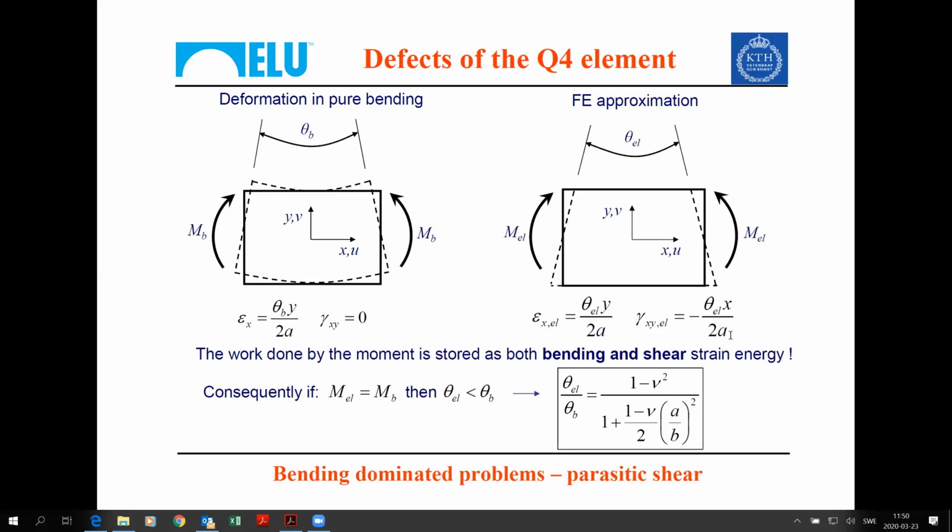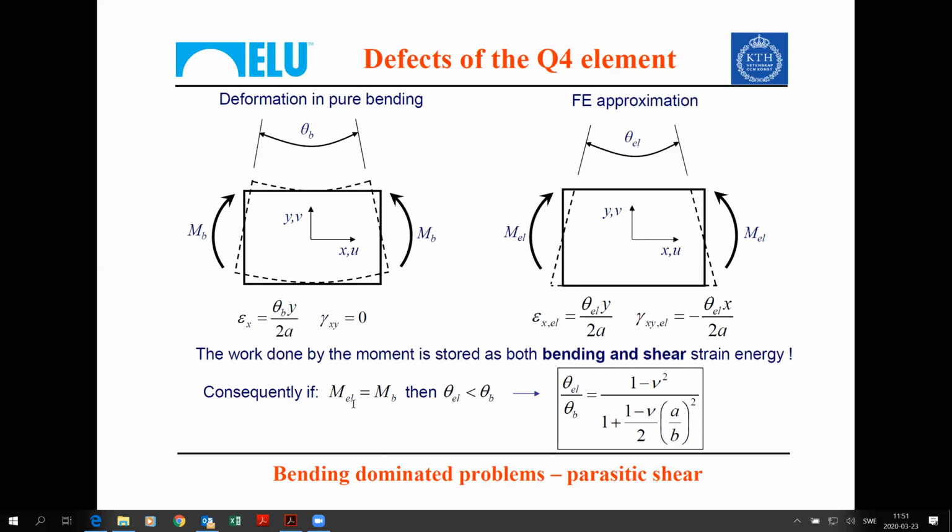From the point of view of the strain energy, this means that the work done by the moment, as these edges rotate, in our element, here it's stored just in bending. Here, the work done by the moment is stored both in bending and in shear strain energy. So the response of the element will be stiffer than the real situation.